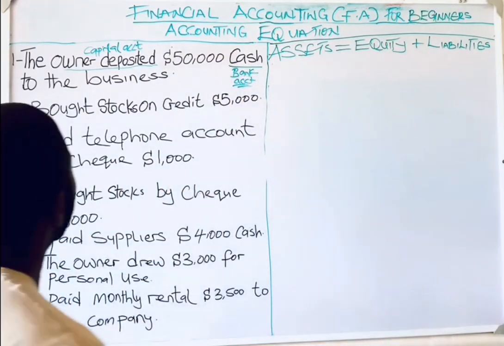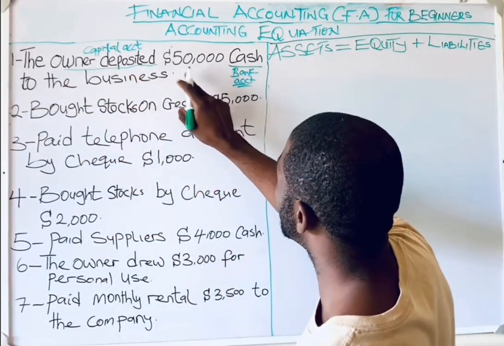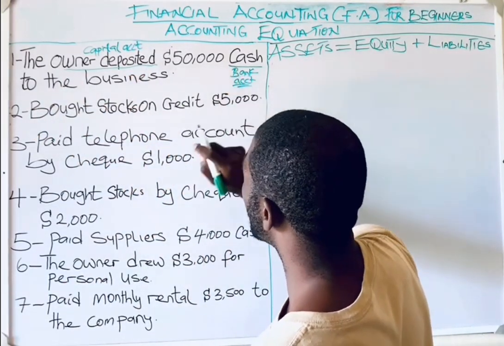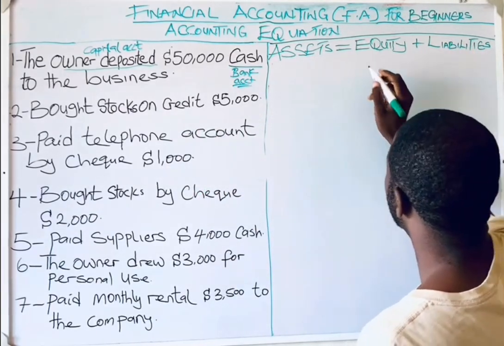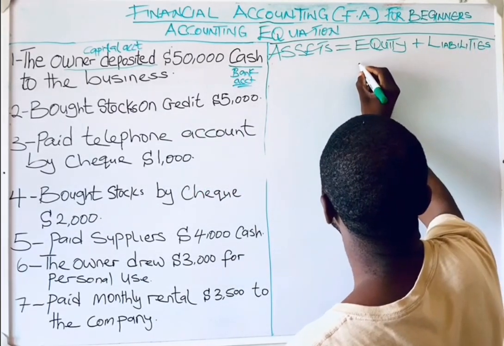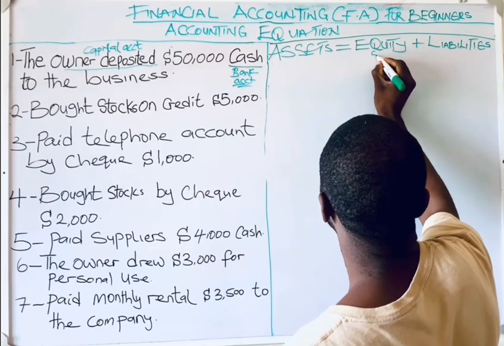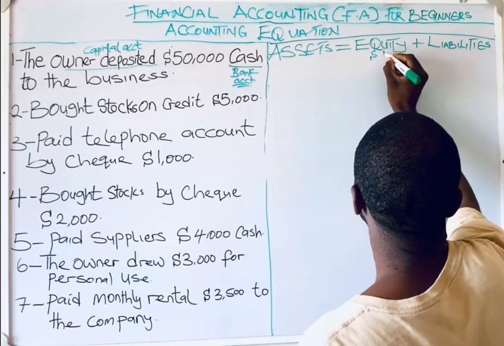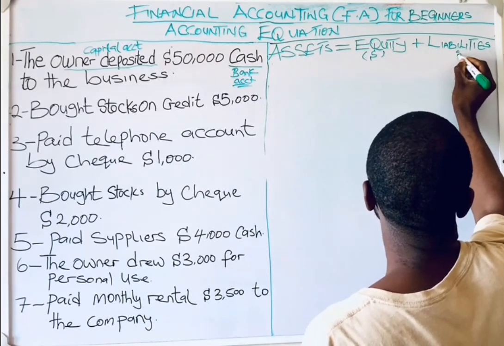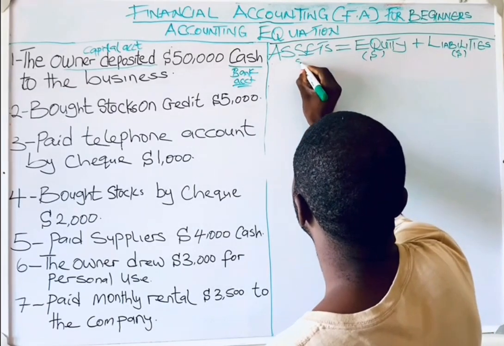So let's see. The owner deposited $50,000 cash. So we come to the equity side where we have our capital. We say our capital is what? Let's put the currency sign here. It's very important in accounting.